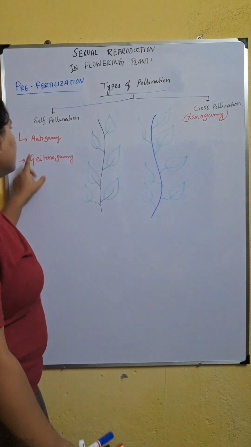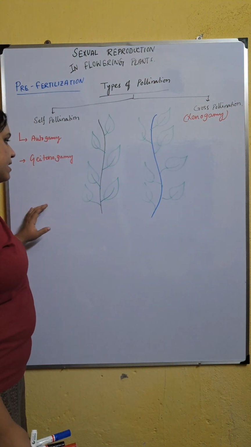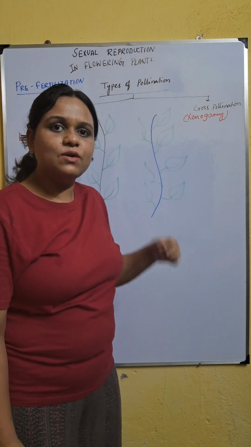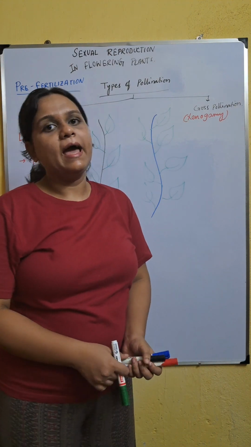But in case of autogamy and geitonogamy, the pollination will occur in the same plant. Now let's see what is the difference between autogamy and geitonogamy.